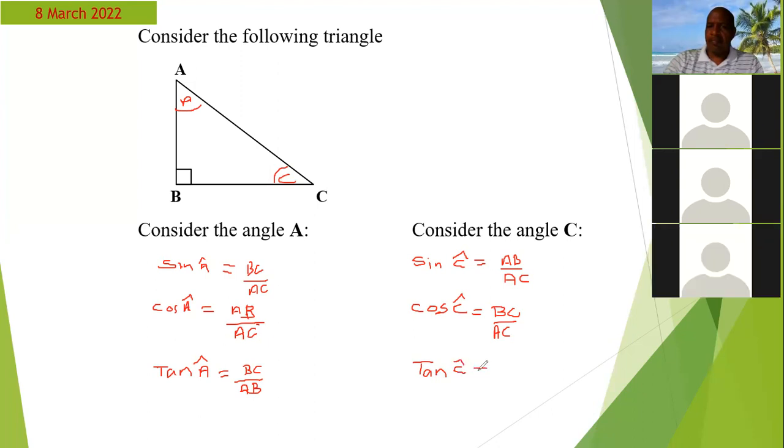Sir, were you calling me? Miss Waysome? Yes, sir. No, I wasn't calling you at all. But okay. Would you like to just give us the tan ratio for angle C? Yes, sir. AB over BC.